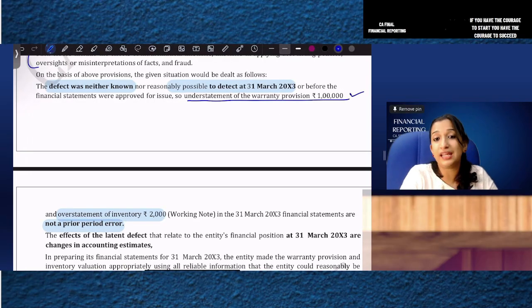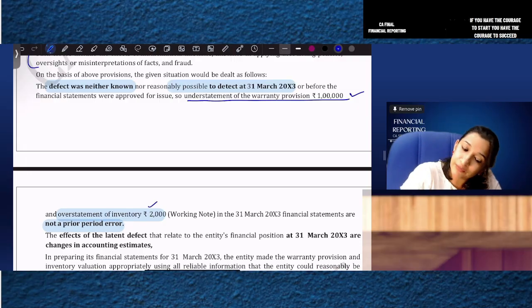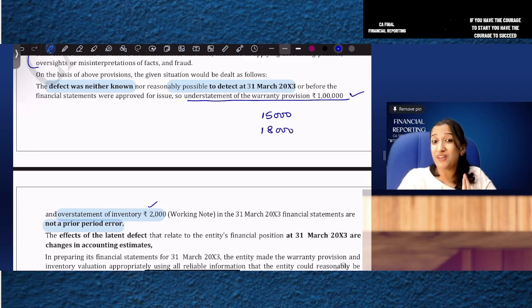So now you will create a provision. So it's an understatement of warranty provision by 1 lakh, so you increase the provision by 1 lakh. There is also an overstatement of inventory. The cost of inventory was 15,000 and NRV was 18,000. Now you spend 5,000 to convert that inventory to saleable condition.